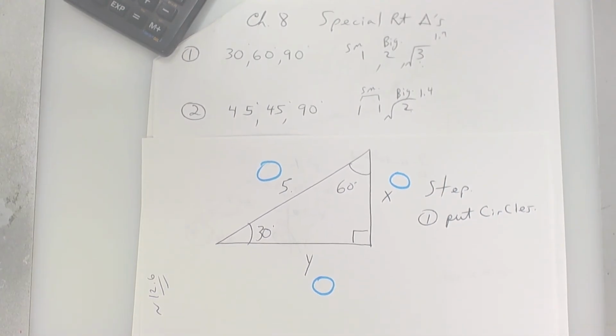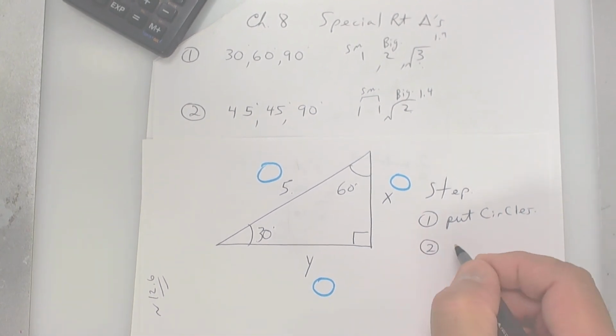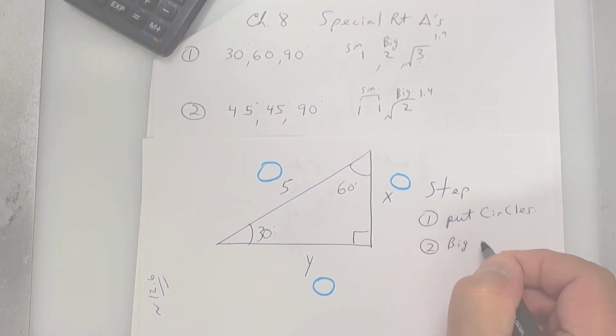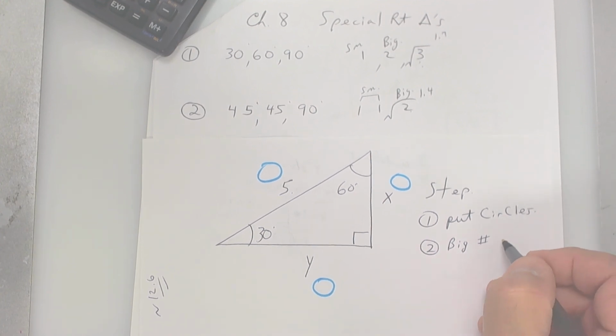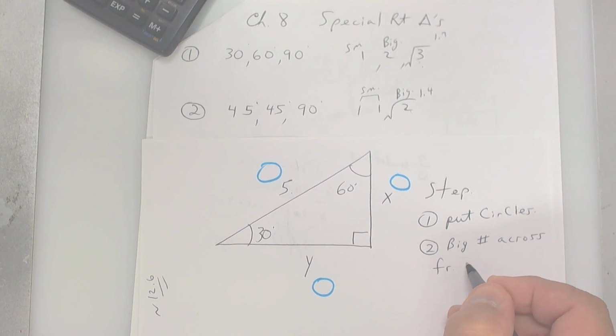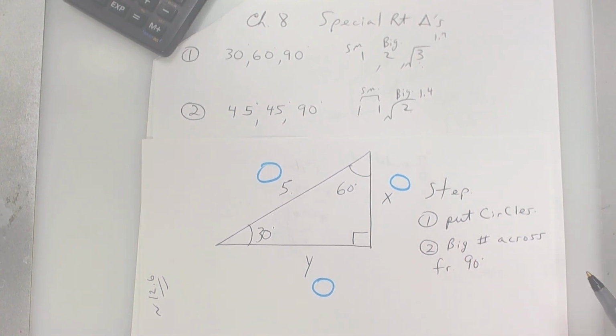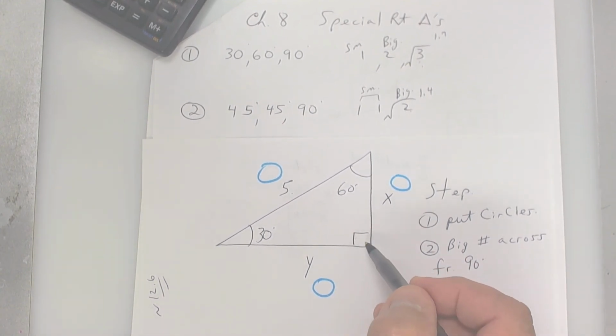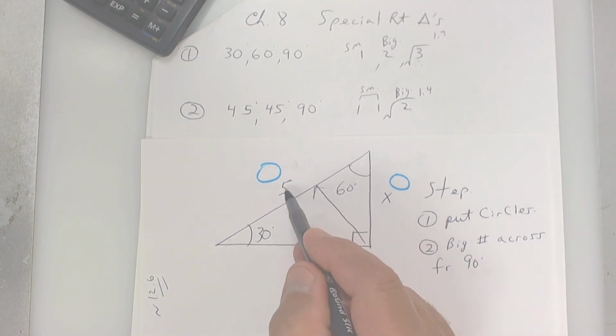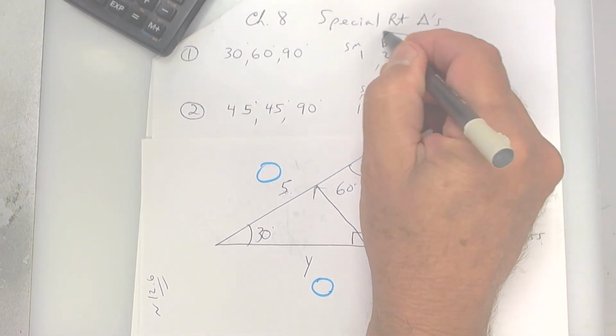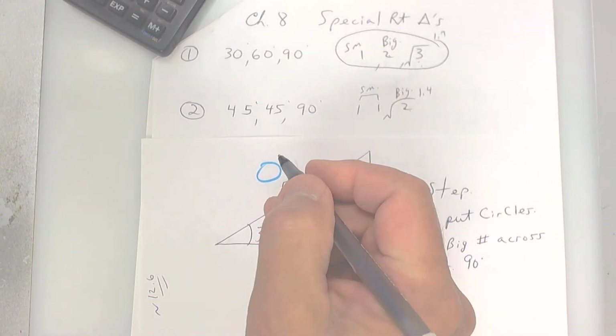Now you assign the biggest number, which goes across from the 90 degrees. So across from the 90, draw your arrow, that's the big side. Since it's a 30, 60, 90, the big one is a 2. So put a 2 up here.